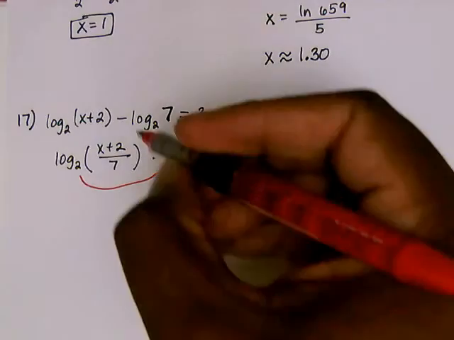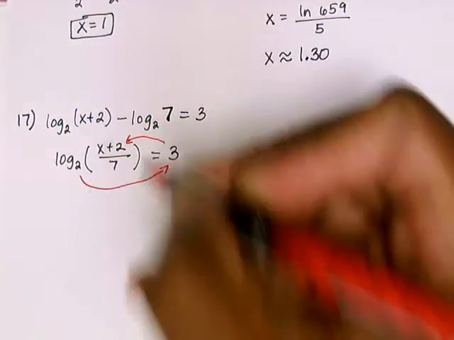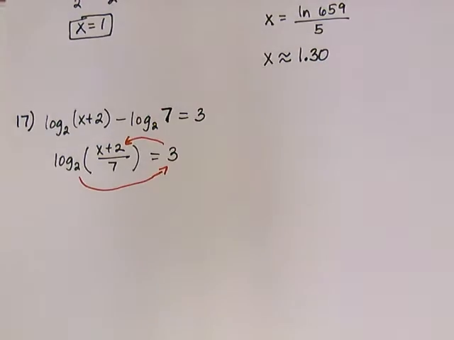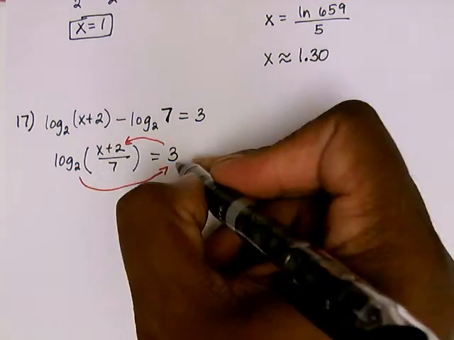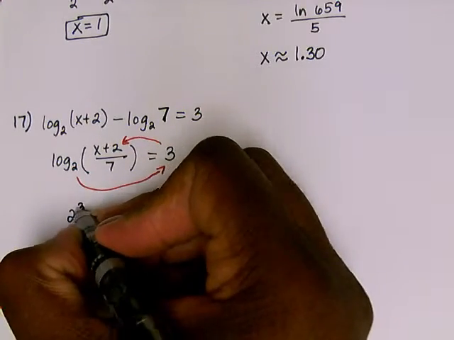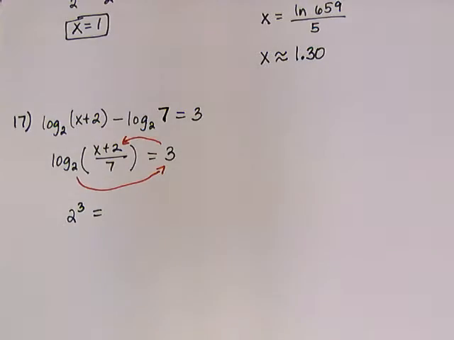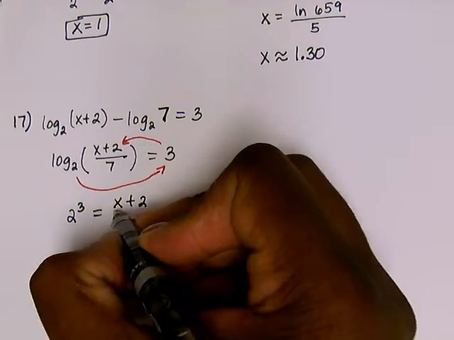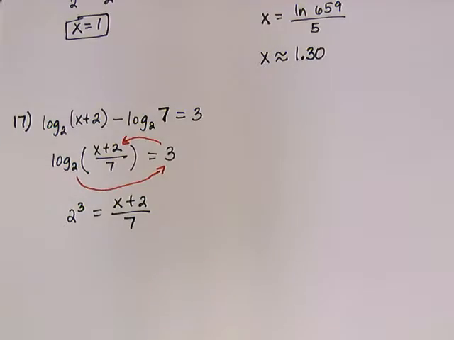So I'm going to have 2 to the 3rd, and that's going to be equal to that expression right there. So in its equivalent exponential form, this will be 2 to the third equals x plus 2 all over 7.